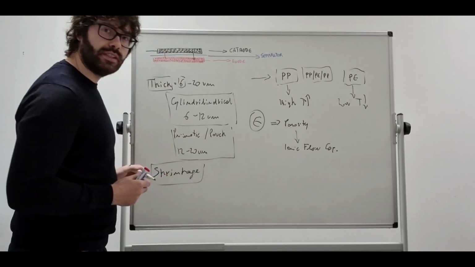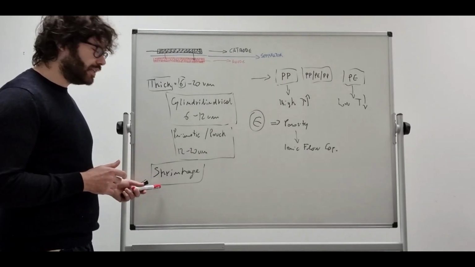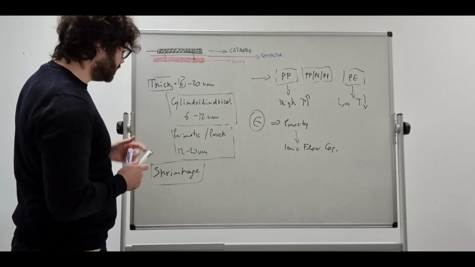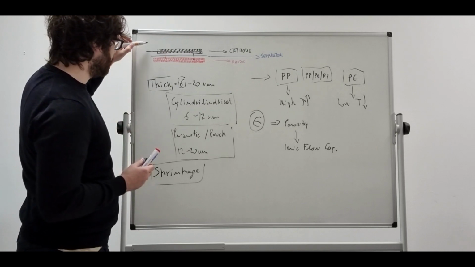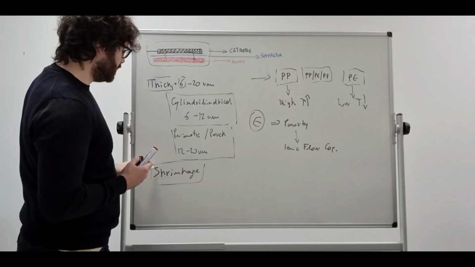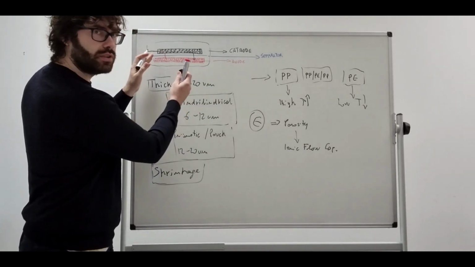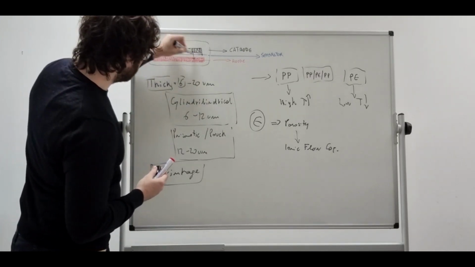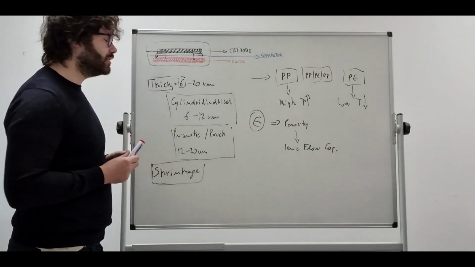Okay, so the separator must show a very good resistance to the shrinkage at very high temperature, because if we try to see this simple drawing, if we bring our cell at very high temperature and the separator suffers from shrinkage effect, the separator dimensions start to be smaller, smaller, smaller, till one point where the separator is small enough to uncover the cathode, and then the cathode can touch the anode and create short circuit.